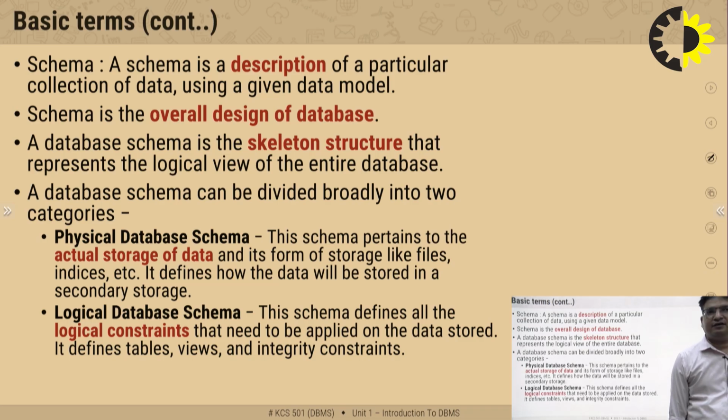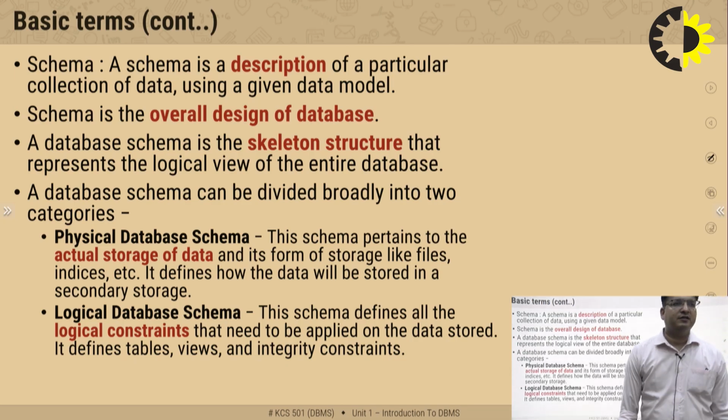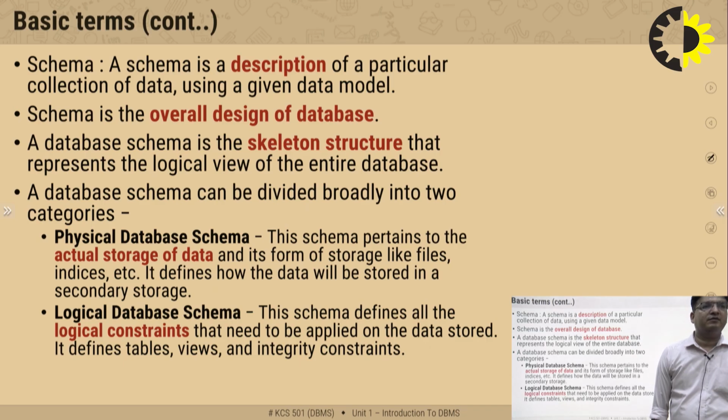Now, the entire database schema can be categorized into two varieties. One is the physical data schema, another is the logical database schema. The physical data schema refers to the actual storage of data, that is how the data is to be stored, what will be the form of storage, like files, indexes, and all those things.